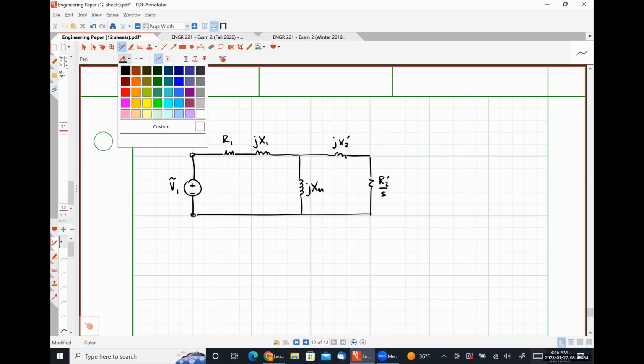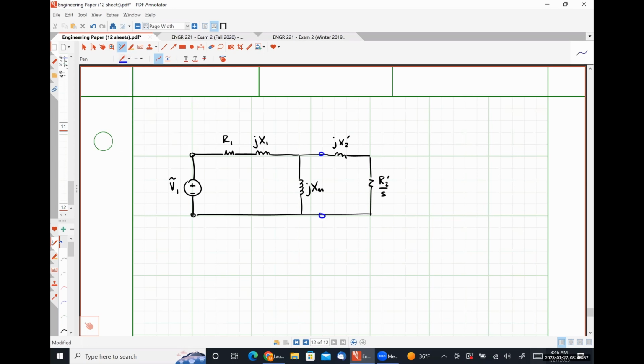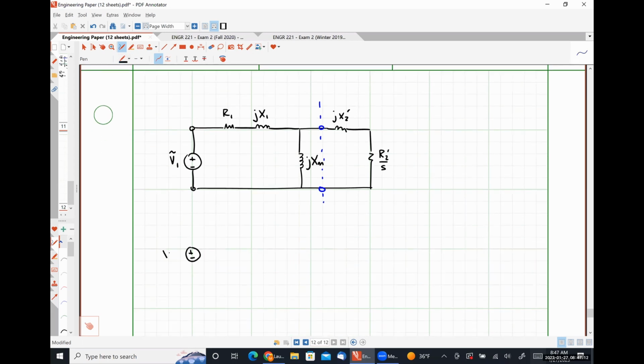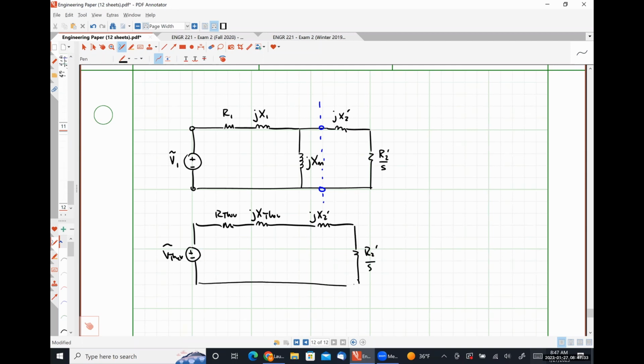What I mean is, if we disconnect the stator part of the circuit, which is everything to the left of that blue line, and replace it with its Thevenin equivalent, we will have this circuit, which is a simple single loop circuit that's very trivial to analyze.